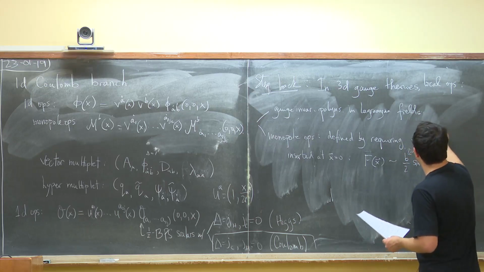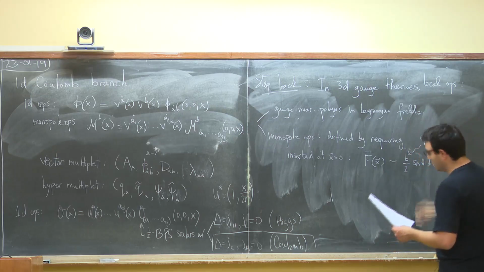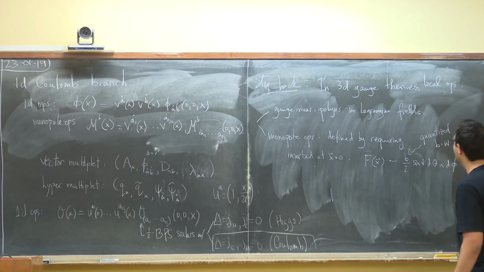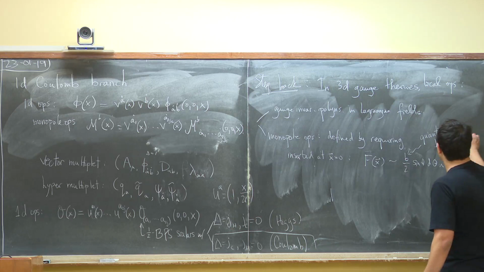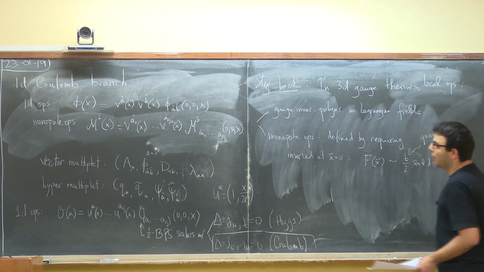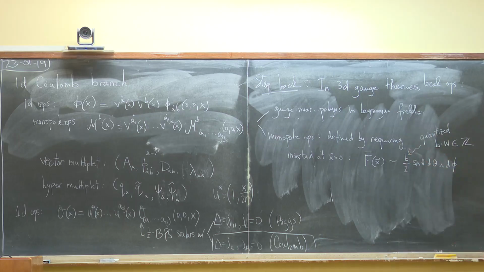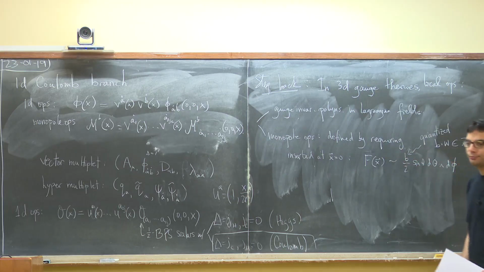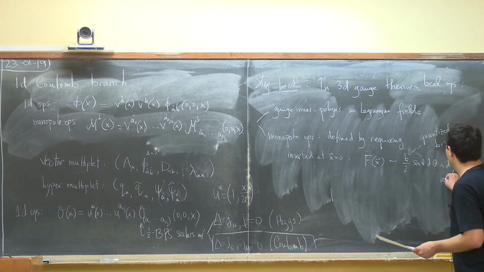B is quantized. The quantization condition is that B dot the weights of the possible matter representations should be an integer. In the abelian case, if we could add to the theory a hypermultiplet of charge 1, then B is an integer.